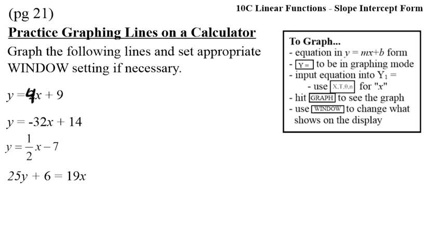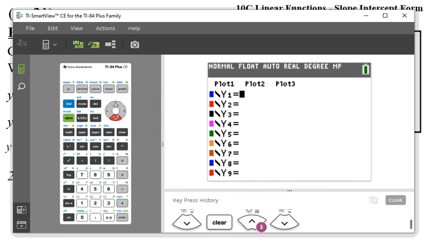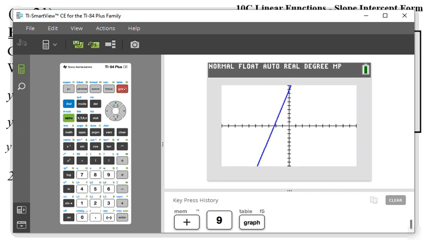So y equals 4x plus 9. Again, we hit y equals to put in your equations. And now we go 4x plus 9. If I hit graph, there it is. Now even with this, we can see the x-intercept no problem, but the y-intercept, we can just barely see it.